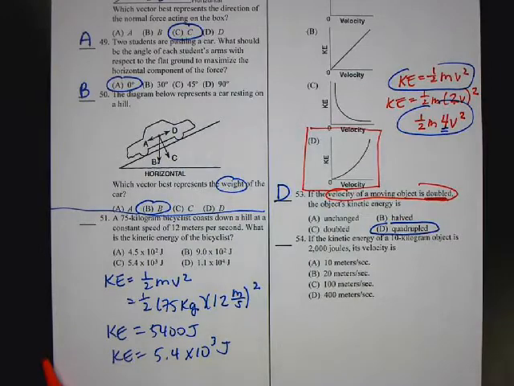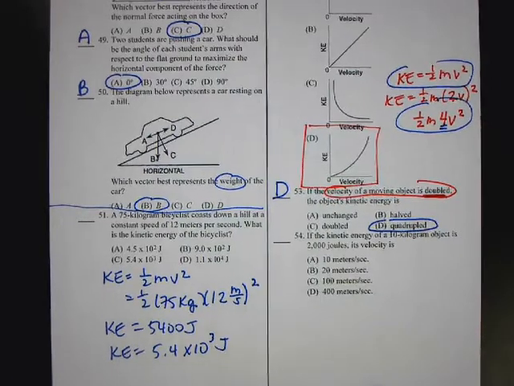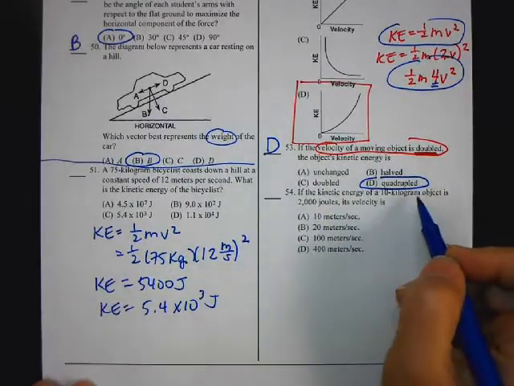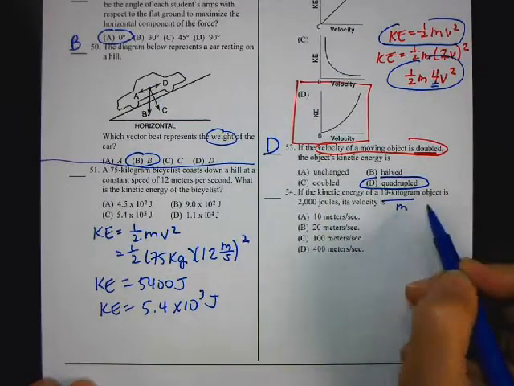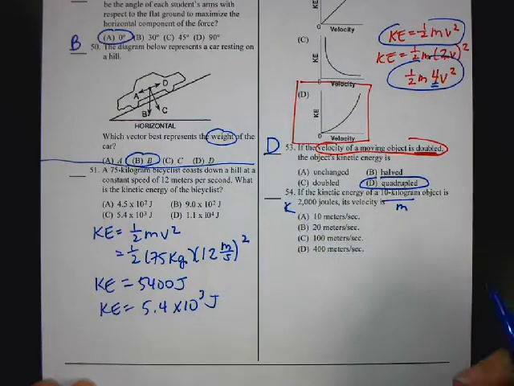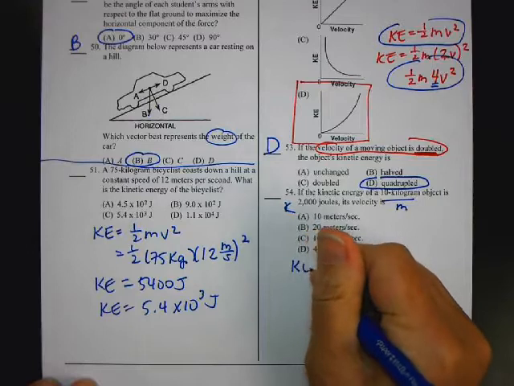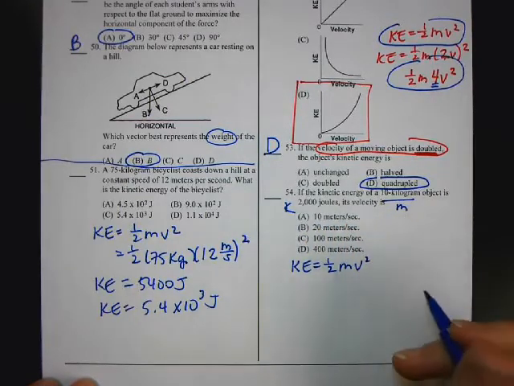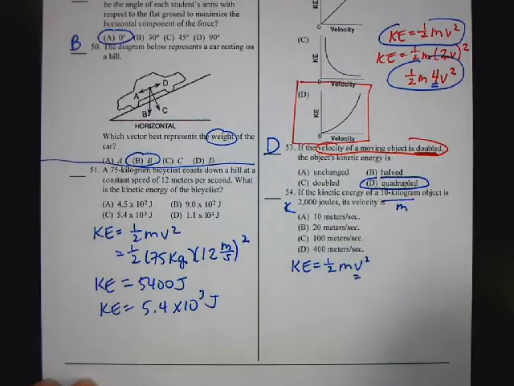All right, number 54. It says, if the kinetic energy of a 10 kilogram object, that's the mass, is 2,000 joules, this is the kinetic energy, what's the velocity? So I'm going to start off with the equation. Kinetic energy is 1/2 mv squared. And I want to solve for the velocity. So I'm not going to plug in.